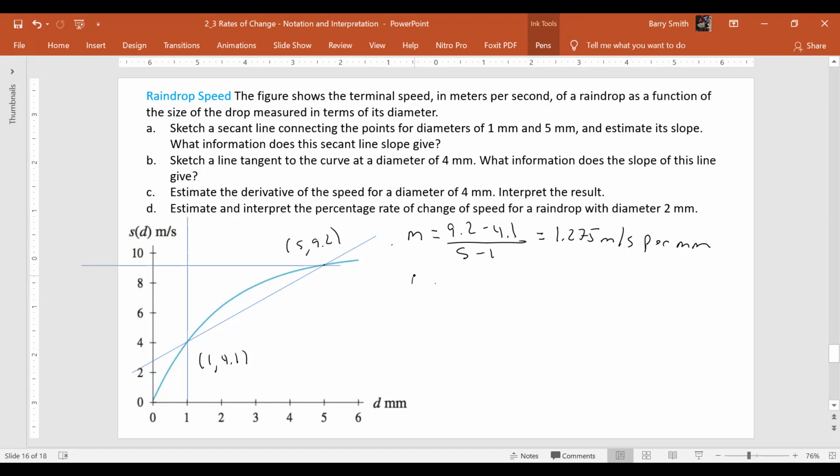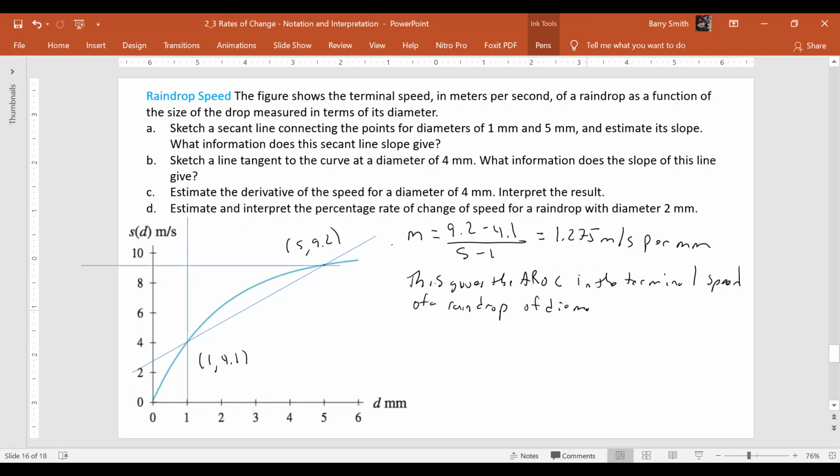So this gives the average rate of change in the terminal speed of a raindrop as a function of the size of the drop, or we can say of diameter d.